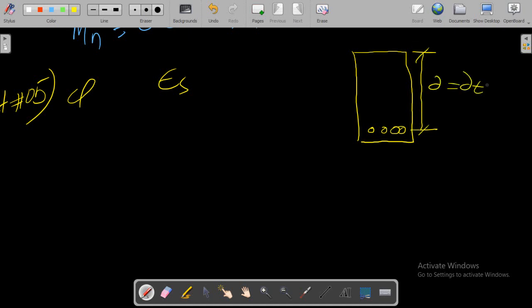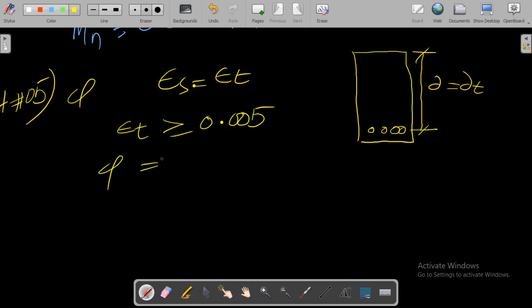I have already explained this in my previous parts. So d equals dt, and in this case epsilon s will be equal to epsilon t. Now if epsilon t is greater than or equal to 0.005, we can clearly move towards phi equals 0.9, right?